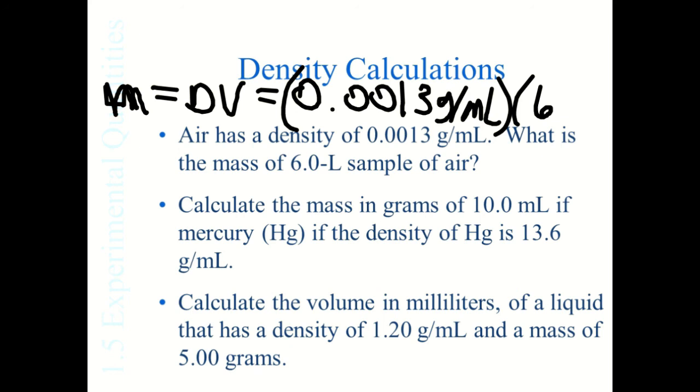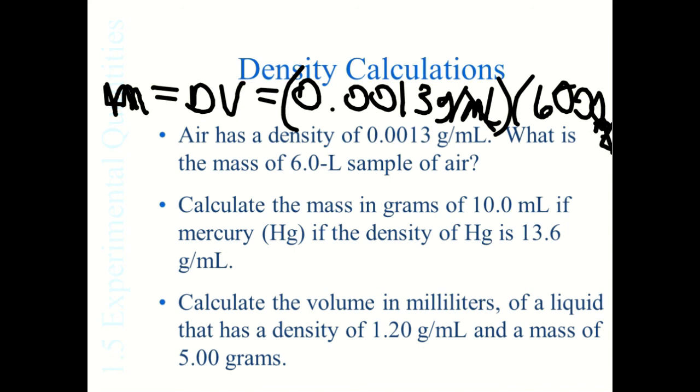Well, liters easily converts to milliliters because it's only a 1,000 times difference. So instead of being 6 liters, it's 6,000 milliliters. Okay? And then the milliliter units will cancel, and I'm left with grams. Okay? So it would be 0.0013 times 6,000.